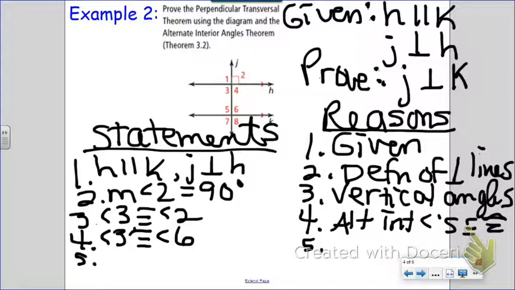We know that angle 2 is then congruent to angle 6. And that's by the transitive property of congruence.